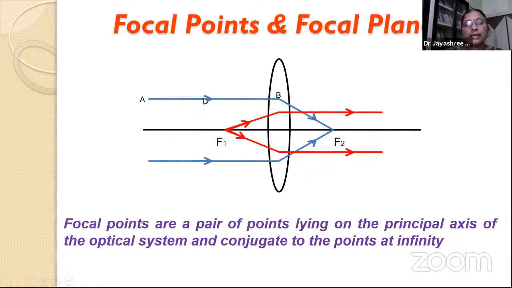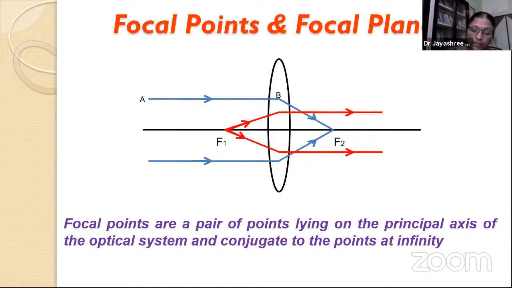See here, as I already told you, this is the first focal point and this is the second focal point. So focal points are a pair of points lying on the principal axis of the optical system, conjugate to the points at infinity.